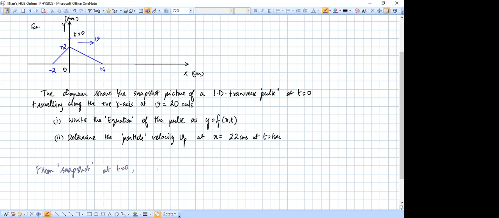that this part is a straight line, y is equal to mx plus c.